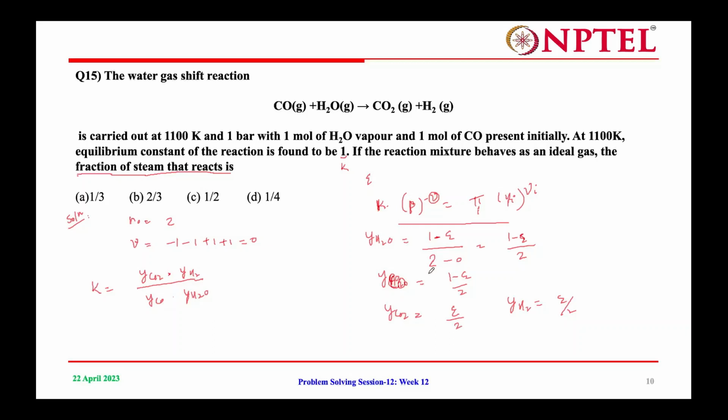So put these mole fraction expressions in this equation, you get ε squared over (1 minus ε) squared equal to 1, and here K is 1, so ε is 0.5. So the fraction of steam that reacts is 0.5. Option C is the right one. Right.